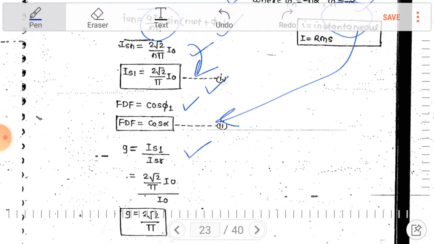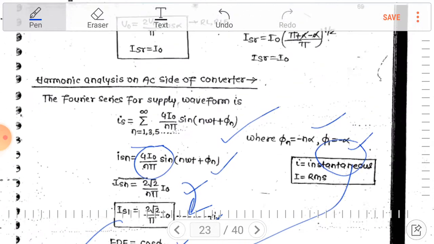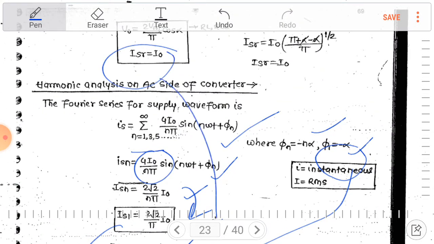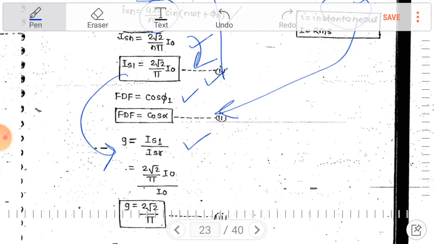Distortion factor is IS1 by ISR. IS1 is the fundamental source magnitude, which is 2 root 2 by pi I naught, and ISR is equal to I naught, as we have observed there.